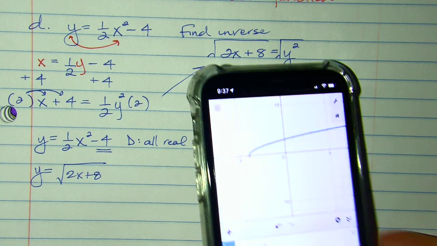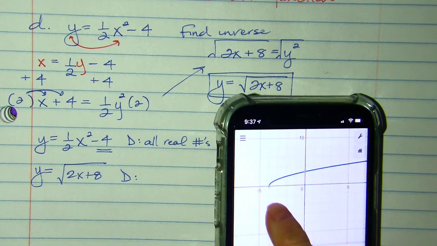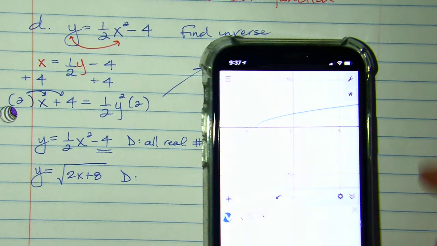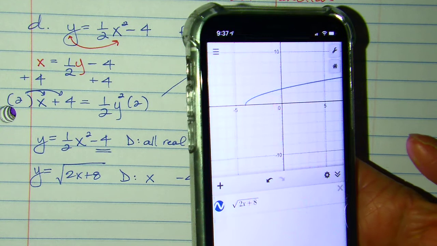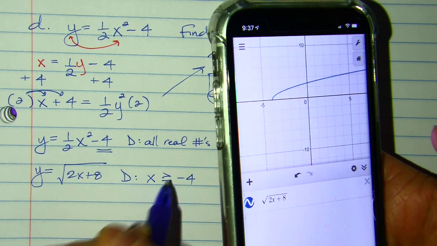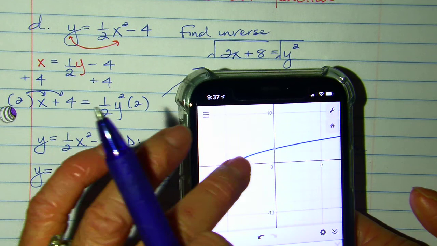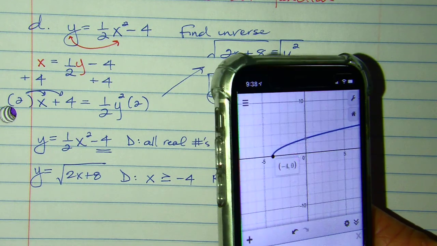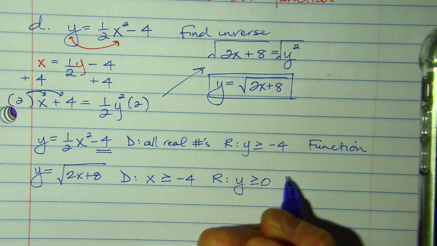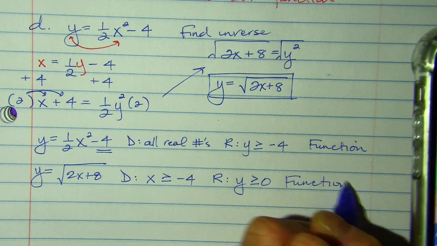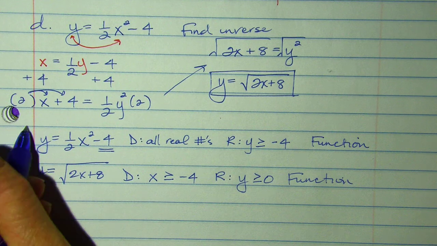So my domain is not all real numbers because the very first point is at -4. So x is greater than or equal to -4, since it's pointing to the right. My range, the first value, if you click on this dot, the first value for y is 0. So y is greater than or equal to 0. And this is a function because if I drew a vertical line through it, it would pass. So that is the answer for D.